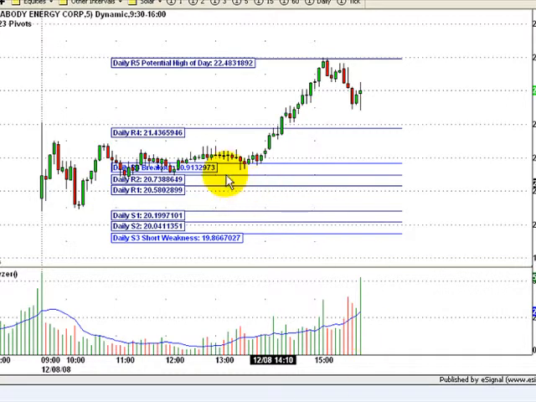And here is our R3 breakout level, and it broke above this level, and we got long just above 21.30, and our target was the R5 here at 22.48. So about a $1.10 profit in BTU.